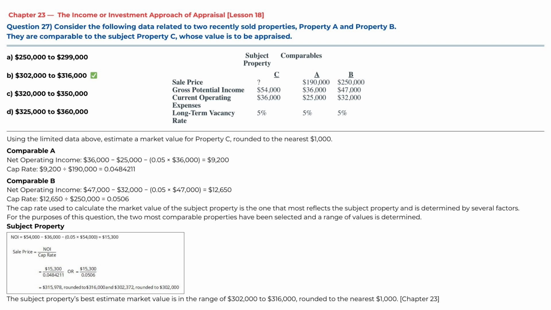Sale price equals NOI divided by cap rate equals $15,300 divided by 0.0484211, or equals $15,300 divided by 0.0506 equals $315,978 rounded to $316,000 and $302,372 rounded to $302,000. The subject property's best estimate market value is in the range of $302,000 to $316,000, rounded to the nearest $1,000.